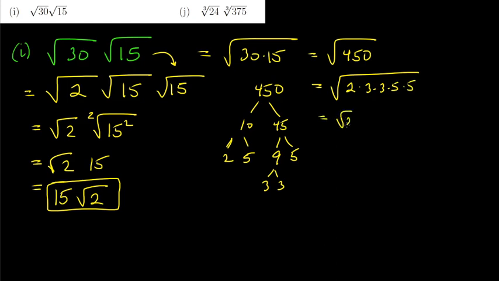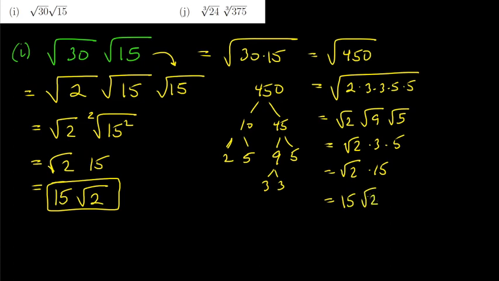Or better yet, the square root of 2 times the square root of 9 times the square root of 25, which is the square root of 2 times 3 times 5. And then 3 times 5 is 15. So you'll still have 15 times the square root of 2, right? Same answer. But you'll see it's a lot more work if you get a bigger number. If you multiply the 30 times 15, I think you're making it a little bit harder on yourself. But it can be done that way as well.